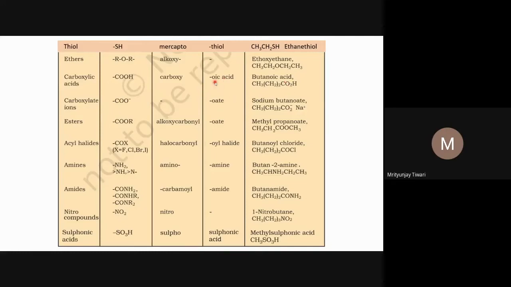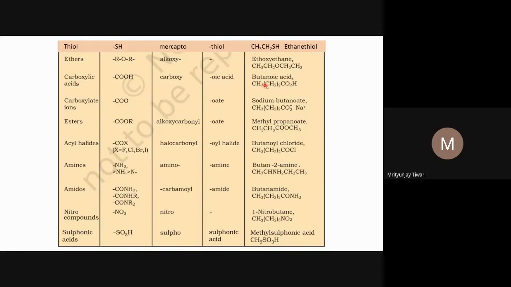If you are using oic acid, it means the numbering has already started from the carbon atom which is part of the COOH group. So numbering starts from the COOH group if you are writing oic acid as an IUPAC name. Earlier, some people were also calling it propane carboxylic acid.